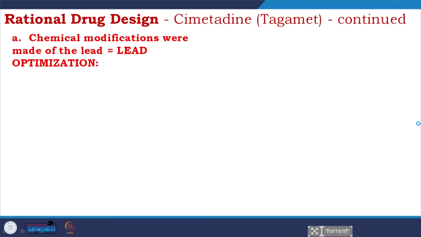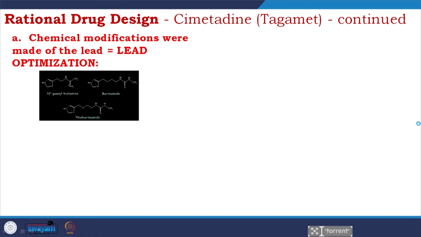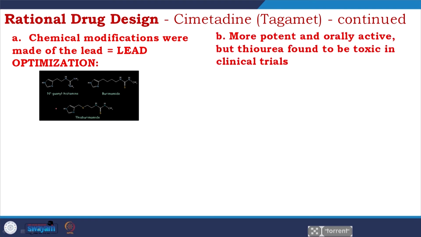Now, we continue, we make chemical modification of the lead compound, which we call lead optimization. So, from N-guanyl histamine we make the modifications, which are burimamide and thiaburimamide. Then we make more potent and orally active compounds, but we include thiourea because of the presence of sulfur.